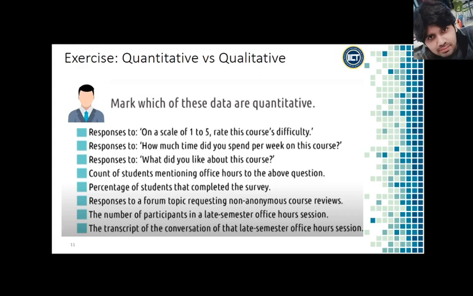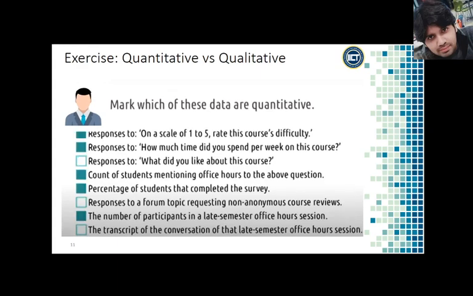We have responses to "on a scale of 1 to 5, rate this course's difficulty," responses to "how much time did you spend per week on this course," responses to "what did you like about this course," count of students mentioning office hours in the above questions, percentage of students that completed the survey, responses to a forum topic requesting non-anonymous course reviews, the number of participants in a late semester office hour session, and the transcript of the conversation of the late semester office hour session.